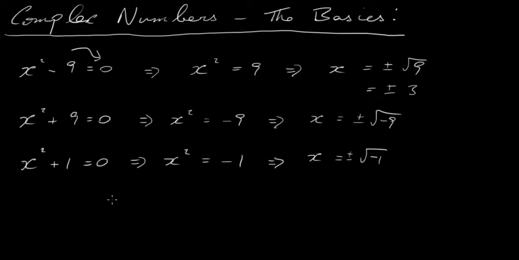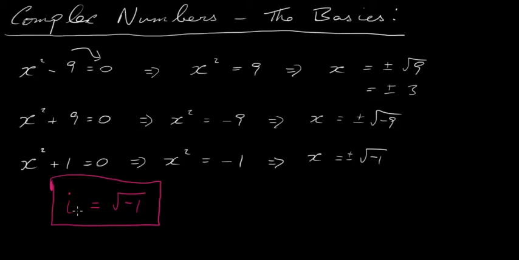So when we talk about complex numbers, what they've done is introduced a letter called i, and that letter i is just equal to the square root of minus 1. So this is the basics of complex numbers. This is what you've got to remember all the time, that i is just the square root of minus 1.